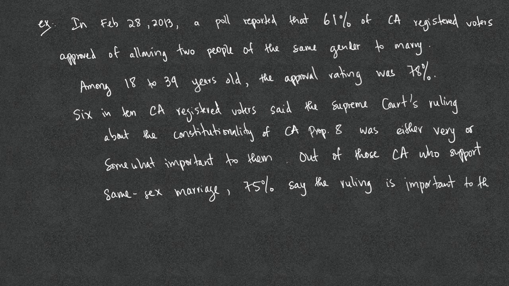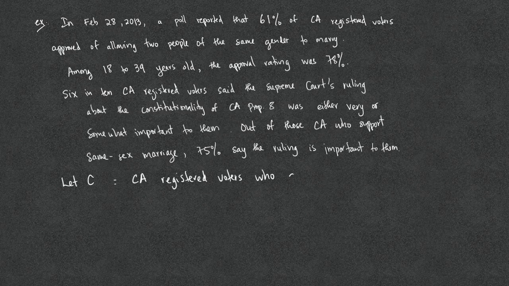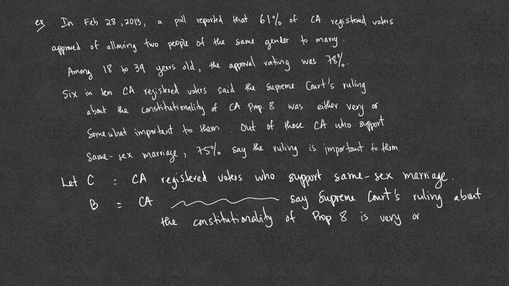To make this simple, we're going to let C be the event that a California registered voter supports same-sex marriage, B be the event that California registered voters say that the Supreme Court's ruling about the constitutionality of Proposition 8 is very or somewhat important to them, and A be the event that the California registered voters are 18 to 39 years old.